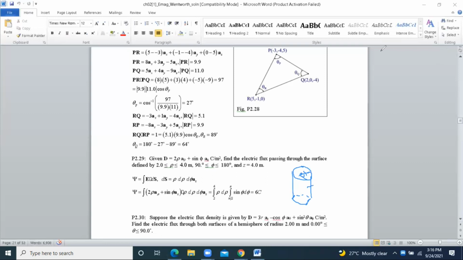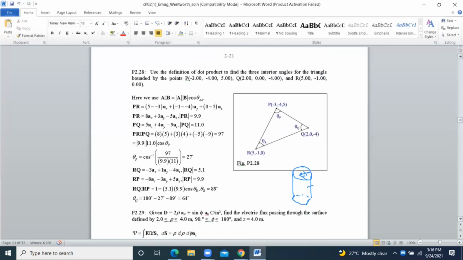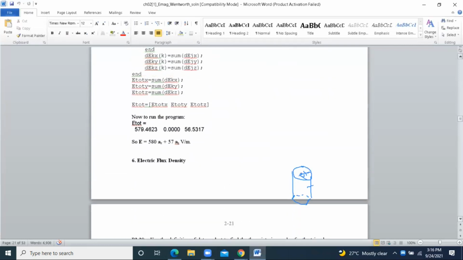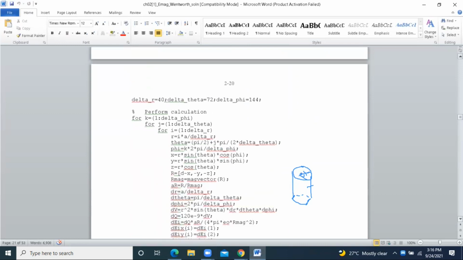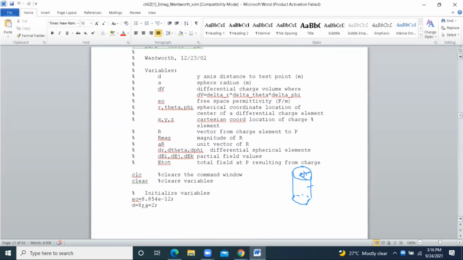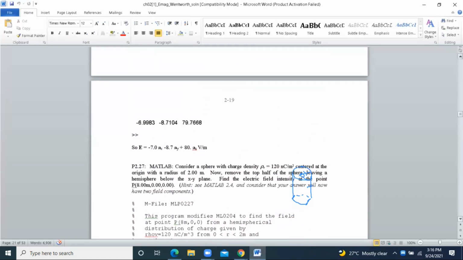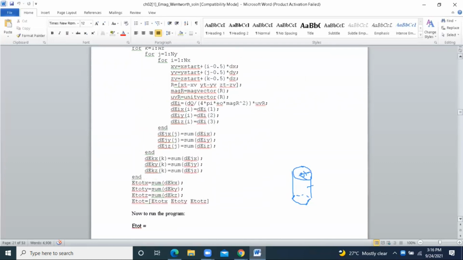I remember we saw a nice diagram here. That is what I'm trying to draw.